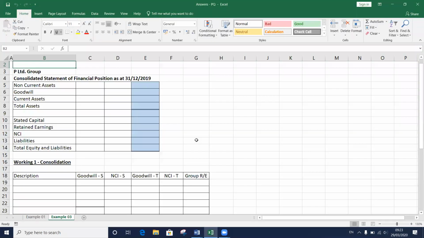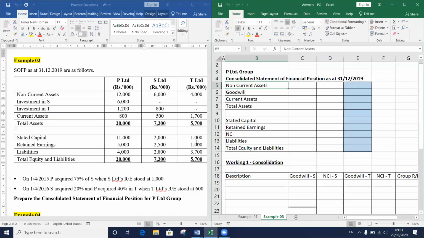Then the next step was we need to do the line by line addition for assets and liabilities, right? Okay. So non-current assets, in terms of P Limited, there are non-current assets worth 12,000, S Limited 6,000, and T Limited 4,000, altogether 22,000. Investment values will be nil ultimately.